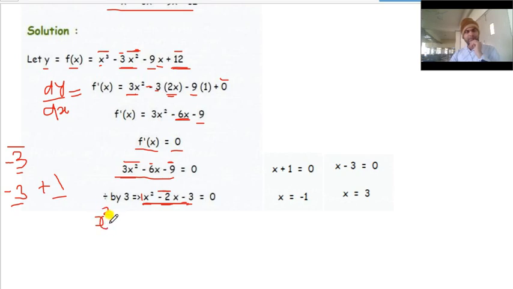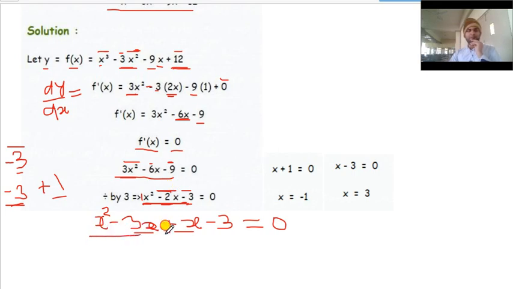So the middle term we split. We write minus 3x and plus 1 into x, that is x, and minus 3, equal to 0. Minus 3x plus x becomes minus 2x. So what we have done is we have only split the middle term.